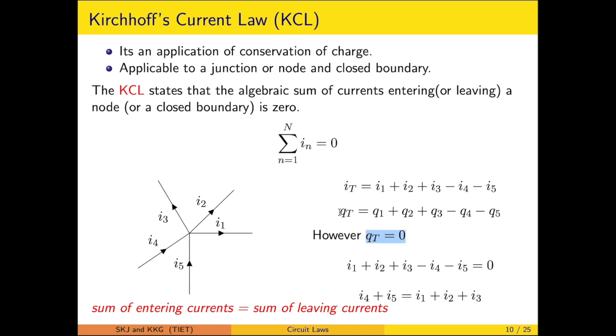So when QT is 0, in the derivative form IT will also be 0. That dictates that I1 plus I2 plus I3 minus I4 minus I5 is equal to 0. This can be re-represented in entering current and leaving current nomenclature, which is why it suggests that the sum of the entering currents is equal to the sum of the leaving currents.